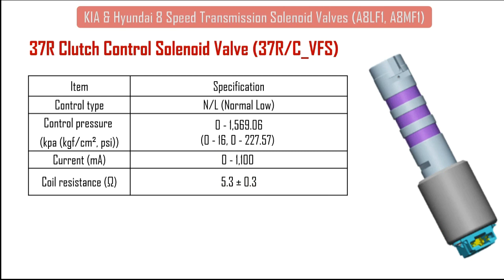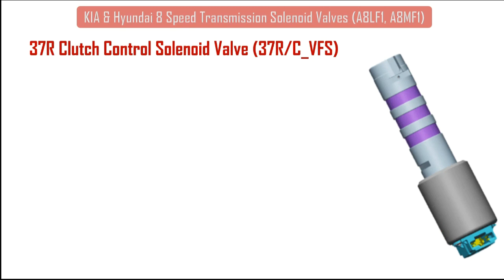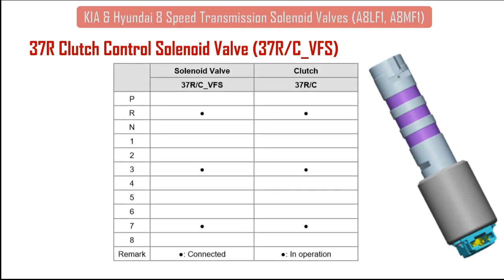We know that this solenoid valve works on gear number 3, 7, and reverse. As a result, you see in the table here that the solenoid works on reverse, gear 3 and gear 7, and we have the clutch pack working on those gears.